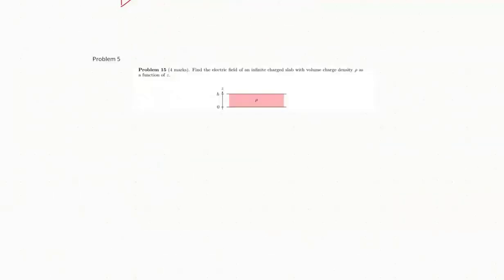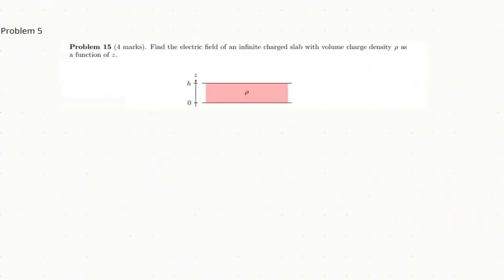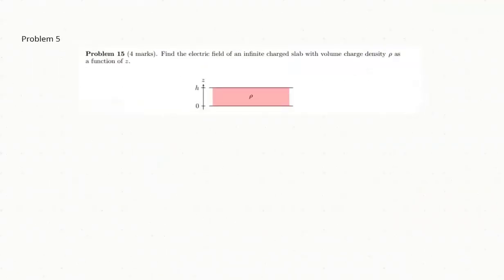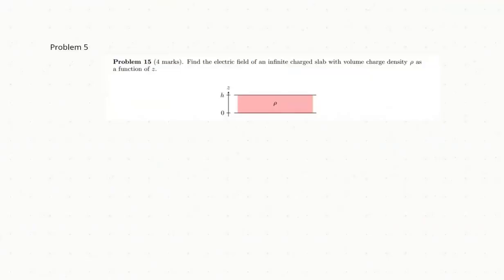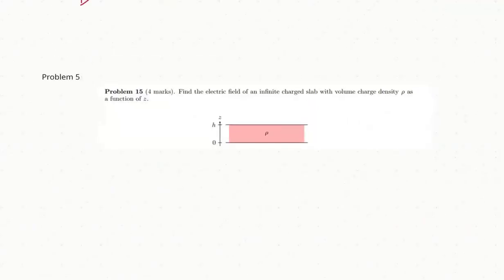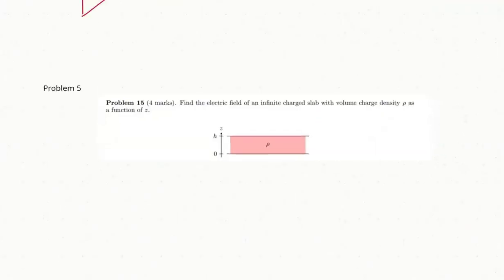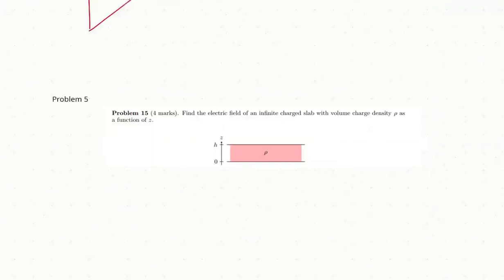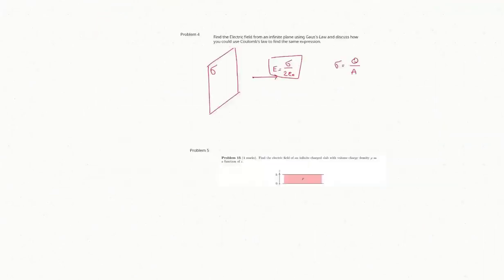Problem 15. Find the electric field of an infinite charge slab with volume charge density as a function of Z. This is one of the problems from the assignment. One of the important consequences of problem 4, which is above, is that the electric field from an infinite plate does not depend on the distance from the plate.